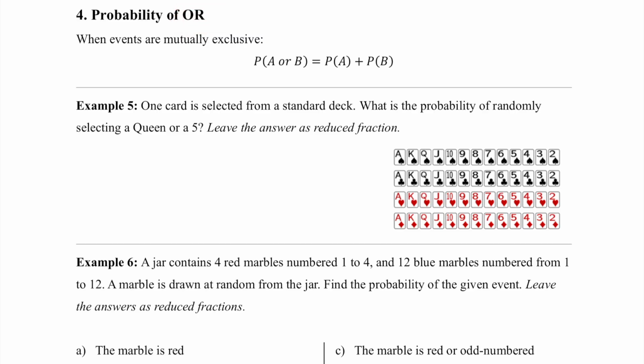So the formula is the probability of A or B equals the probability of A plus the probability of B. Notice that we're adding because there's no overlap. And this formula only applies if the two events are mutually exclusive. If they are not, we have to use a different formula.